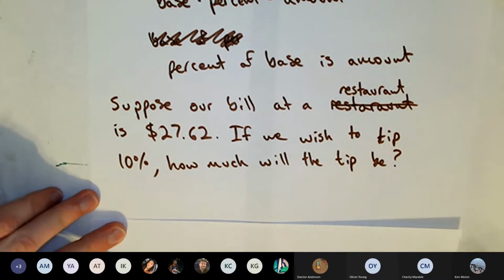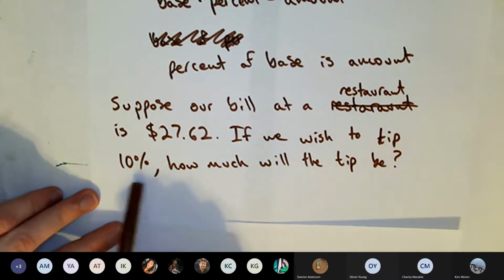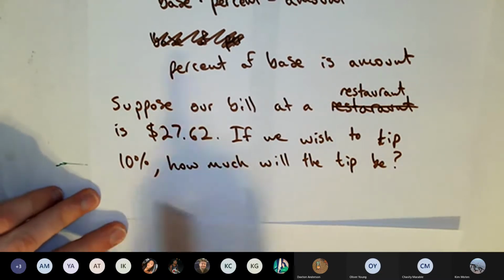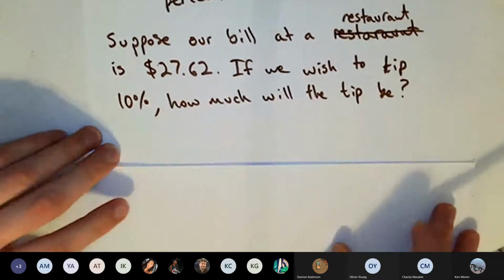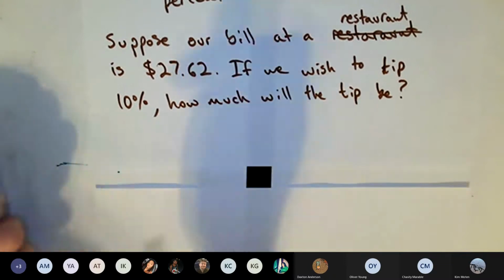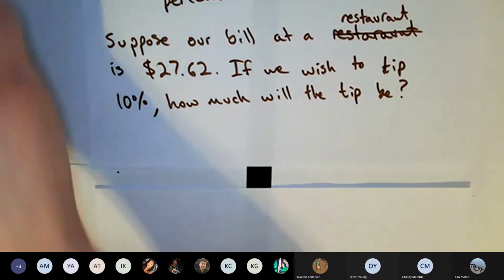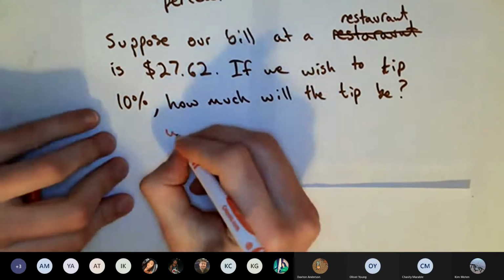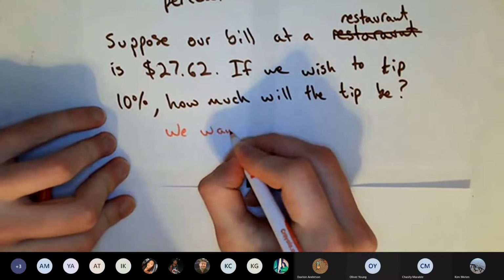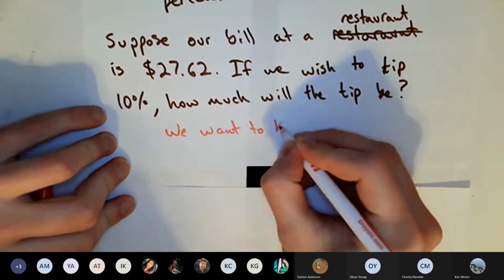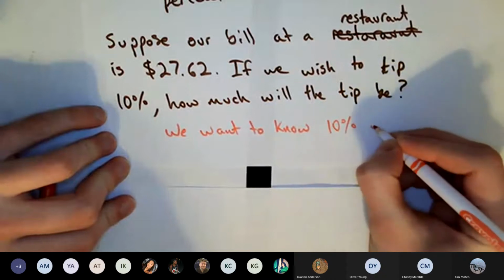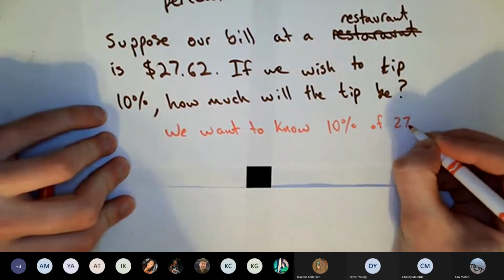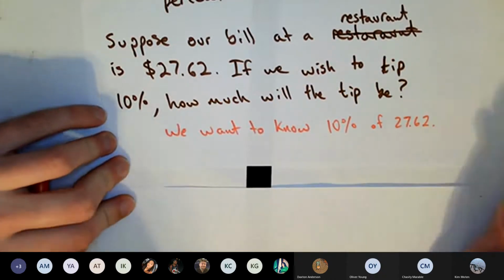But we need to recall that when we multiply by a percent or divide by a percent or do any math with a percent, we should convert it back to decimal form. So what we really want is 10% of 27.62.